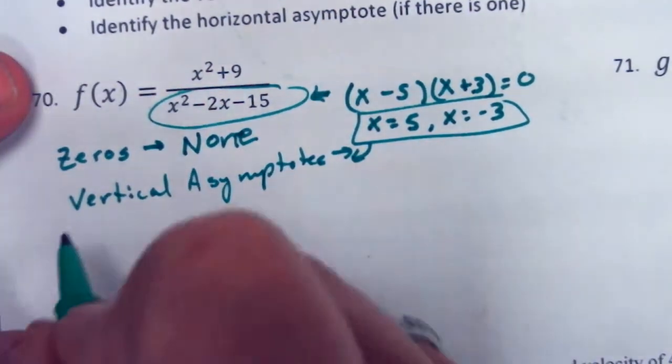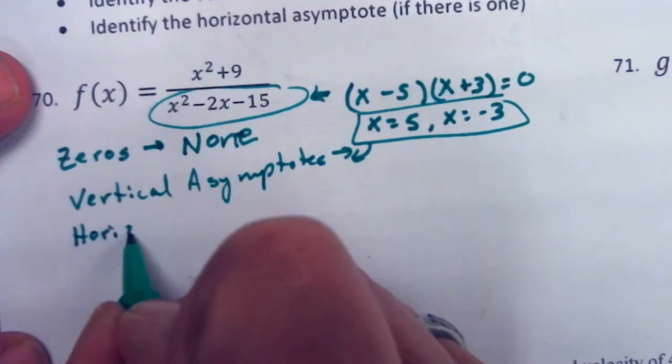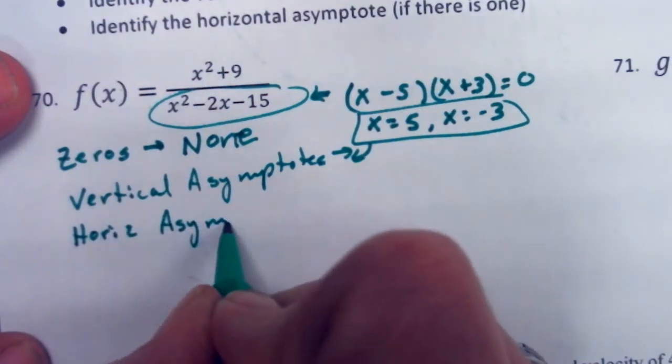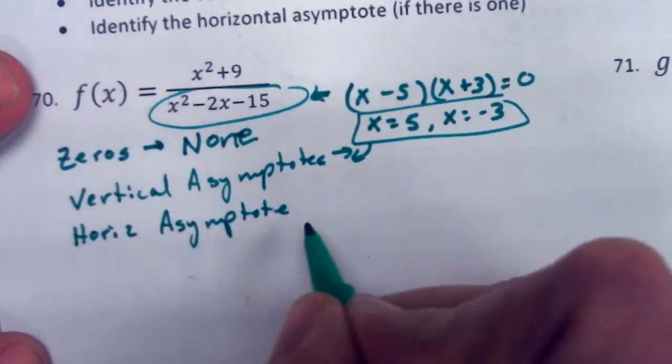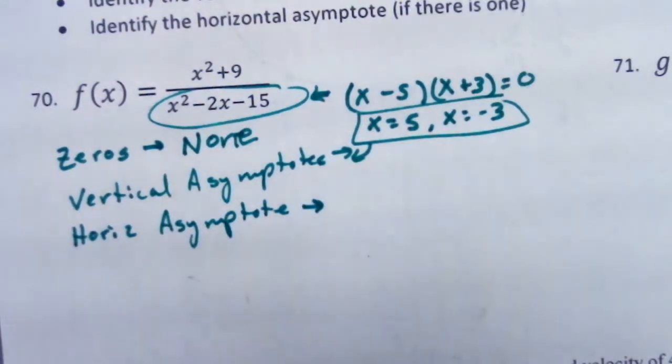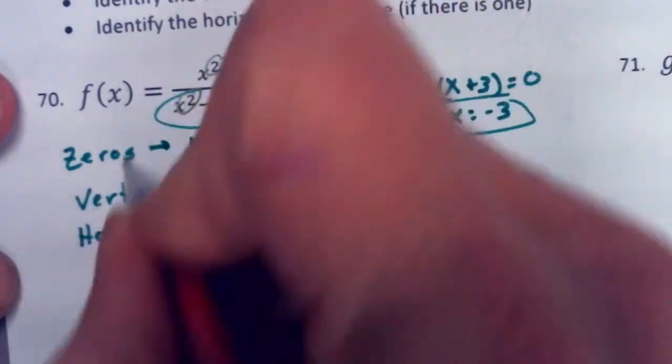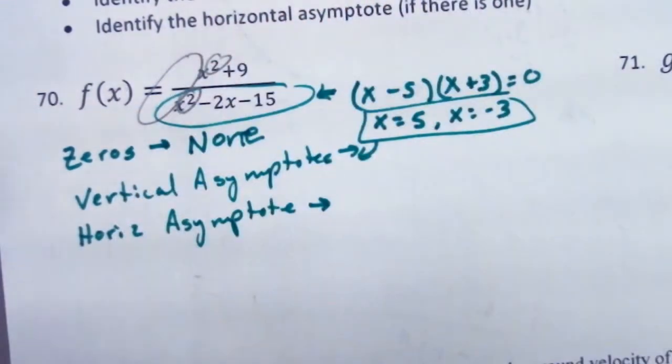Okay, the last part, horizontal asymptote. There are 3 different rules for this. If the degree of the numerator and degree of the denominator match, then you use the leading coefficients.